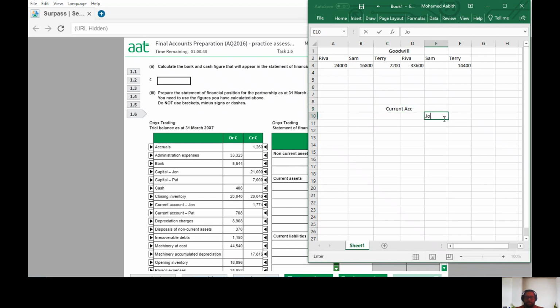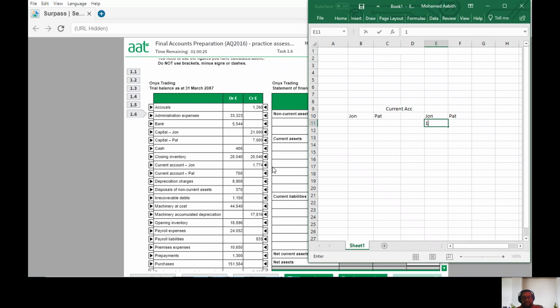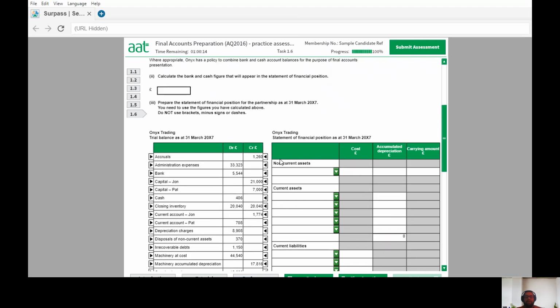Okay, so here, John, and the other one is Pat. So let's put those figures in perspective quickly. John has a credit balance on the current account of 1,774, and Pat has a debit balance of 708. Okay, so once you've done that, what do you need to do?